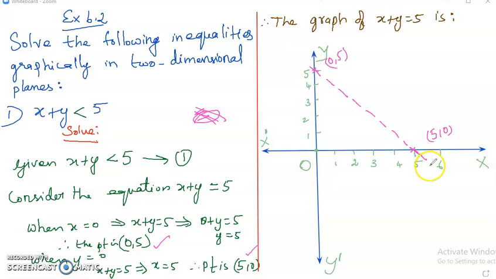Make the dotted line and you can extend it to any length, on both sides.